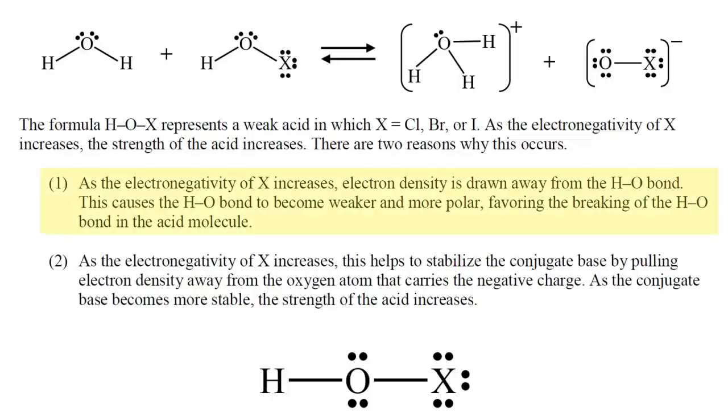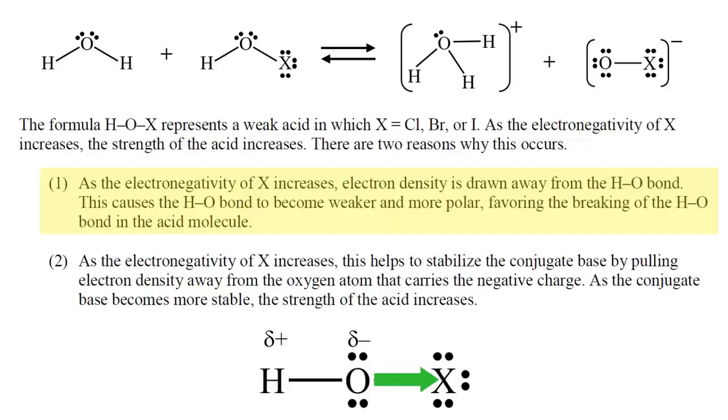1, as the electronegativity of the X atom increases, electron density is drawn away from the HO bond. This causes the HO bond to become weaker and more polar, favoring the breaking of the HO bond in the acid molecule, so that the molecule would lose H+ as a proton donor.